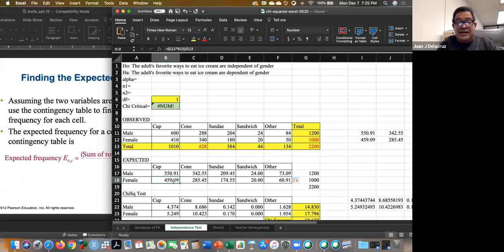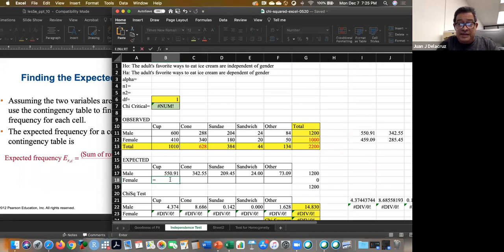So in the second case, let me do it again. I'm going to say equal, the rows times the column divided by the sample size. So once again, this is going to be always the same.